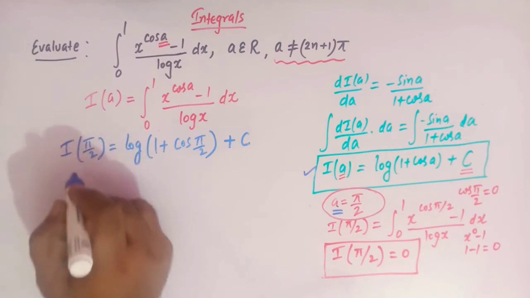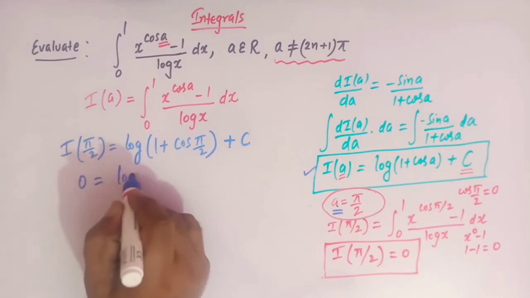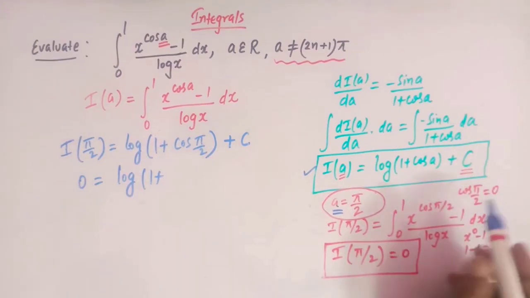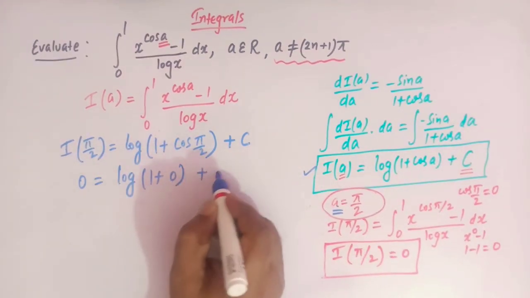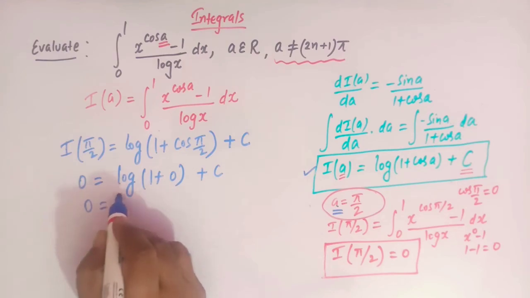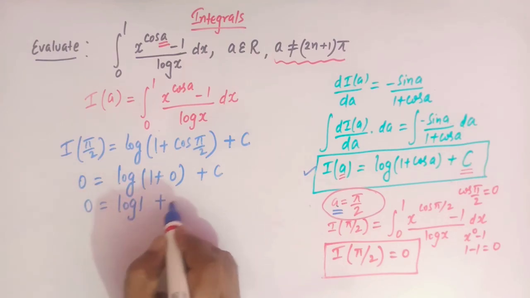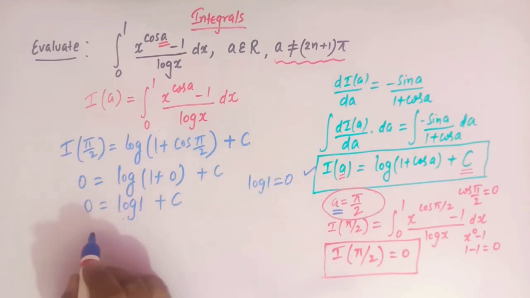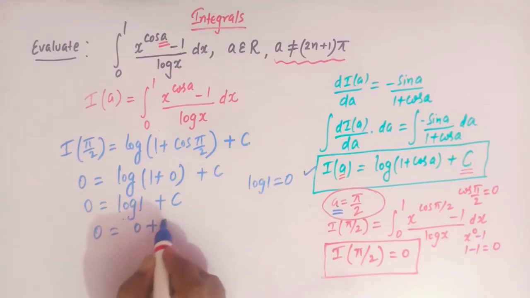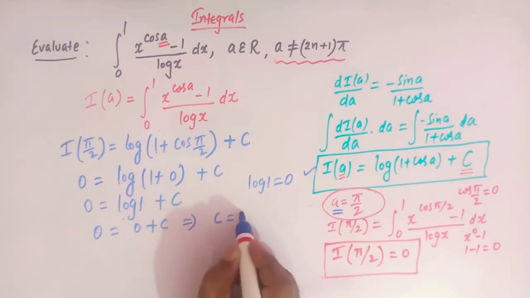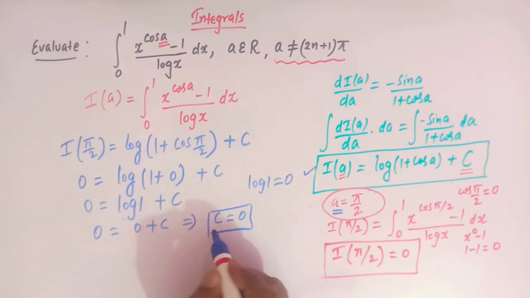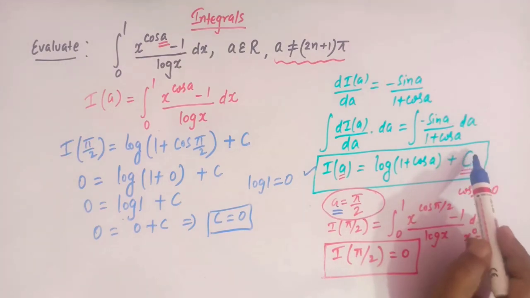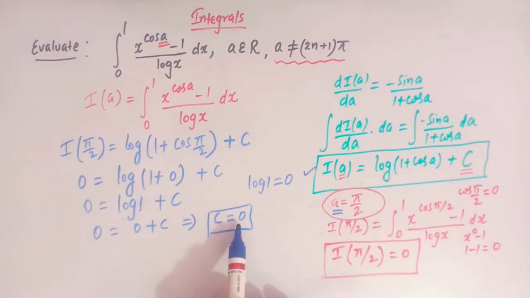So here we have 0, and this is log of 1 plus cos pi by 2, which is 0, and this is plus c. So we have 0 is equal to log of 1 plus c, and log of 1 is equal to 0. So we have 0 is equal to 0 plus c, that is c is equal to 0, right? So we have calculated the constant of integration c as 0, right?